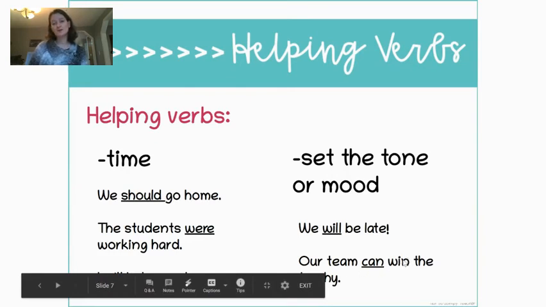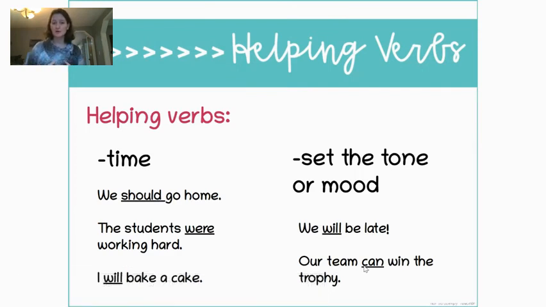So win would be the action verb. So it's kind of saying our team can win. So it's kind of setting a tone or a mood for winning the trophy. Our team can't win the trophy. Our team can win the trophy. So the helping verb kind of helps set the tone or the mood for the action verb.